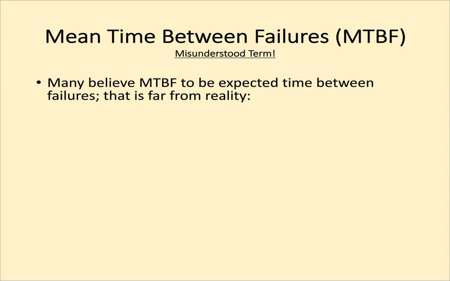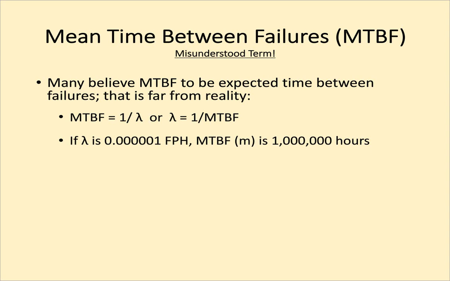If we go through the mathematics, MTBF is equal to 1 over the failure rate, lambda, and conversely, lambda is equal to 1 over MTBF. If we take the case where lambda is equal to 1/1,000,000th of a failure per hour, take the reciprocal, MTBF would be 1,000,000 hours.